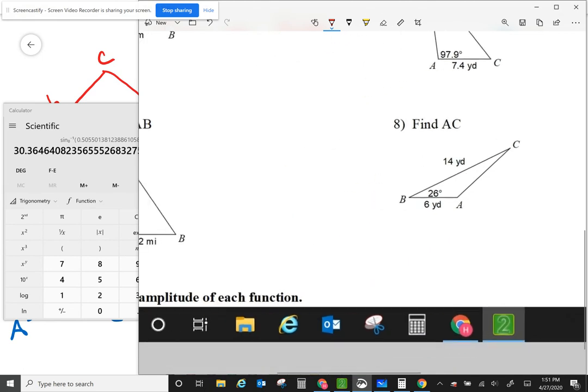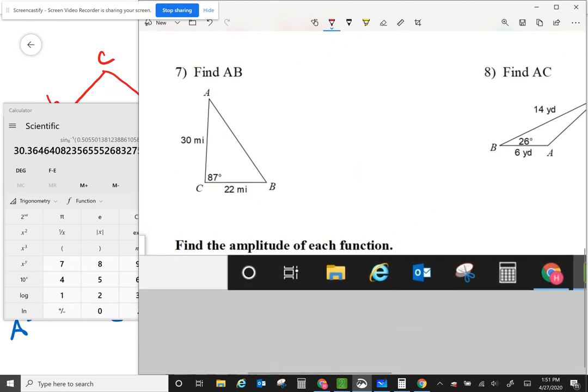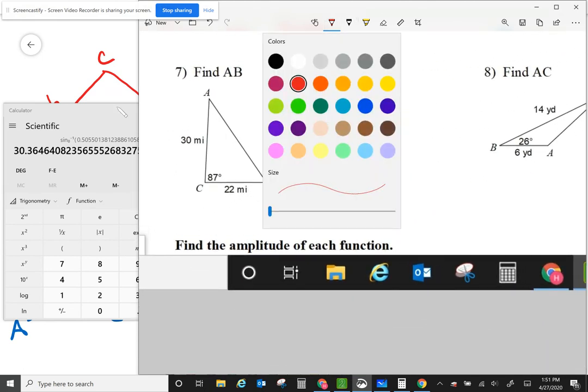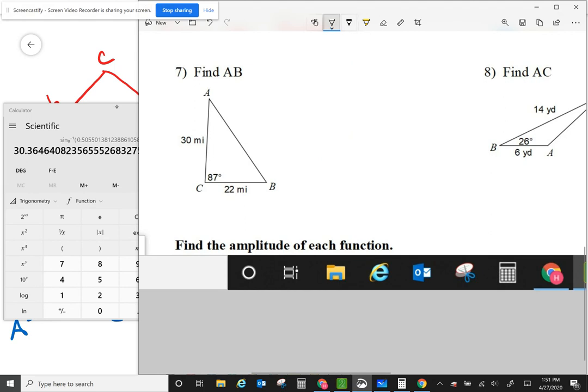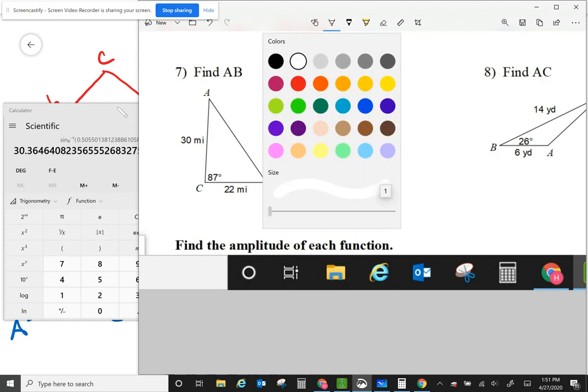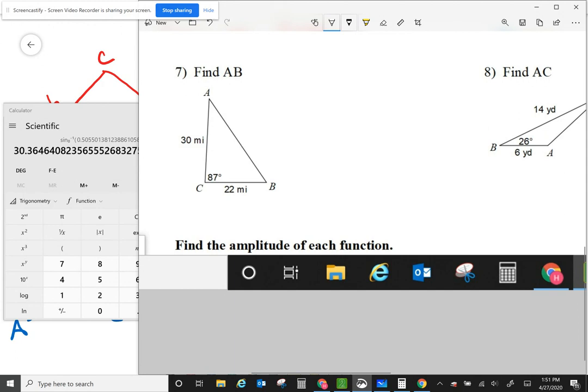Erase all this for space purposes. Let's take a look at question number 7. Let me give myself some more room. Let me erase all this.